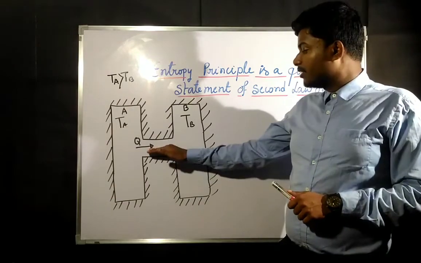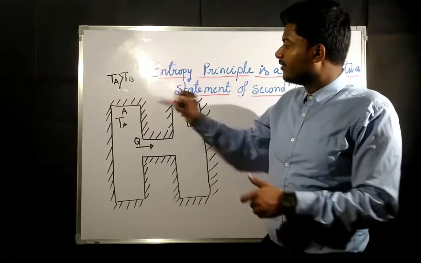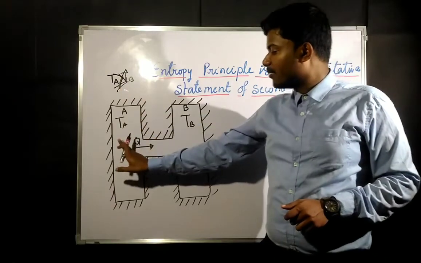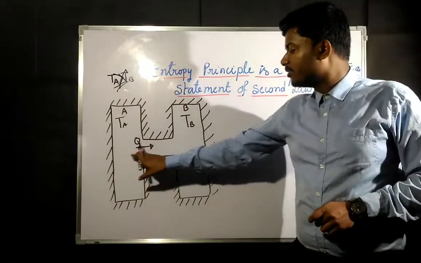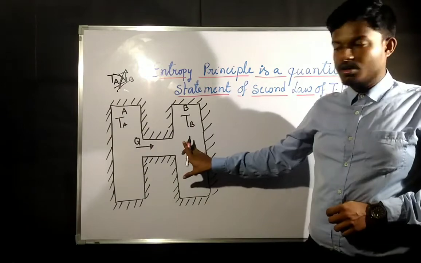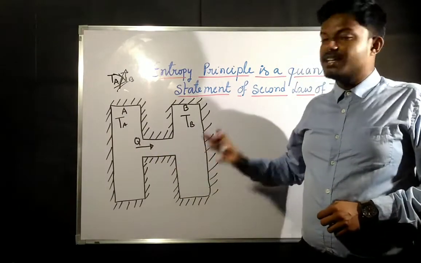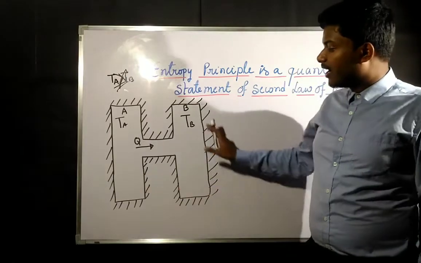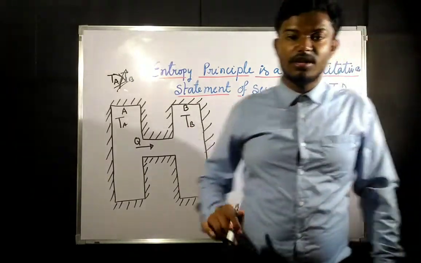First of all, let us say that some amount of heat has been transferred from this place to this place. Now we have to find out the entropy change for that isolated system.